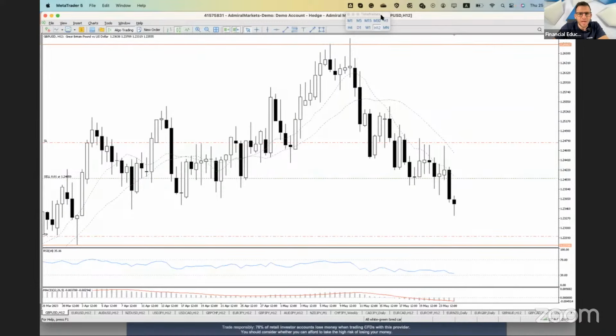During the live yesterday, we had this scenario here where the Great British Pound was pushing higher, and I had my stop loss order here, as you can see.